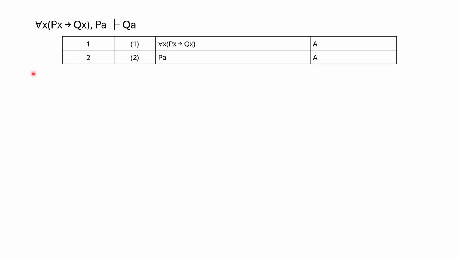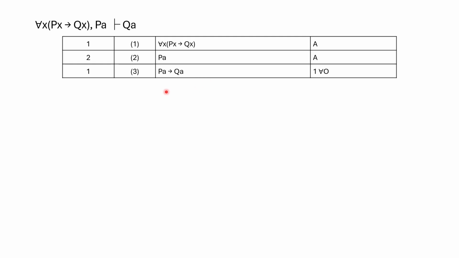Like with the truth trees, when we had an unrestricted quantifier, it was nice to always just pick whatever constant already appears in the proof because that's the best way to get something to match. So in line 3, I'm going to get rid of this universal quantifier by placing an A in for all of the X variables. Everywhere that I find an X, I'm just going to put an A in for it.